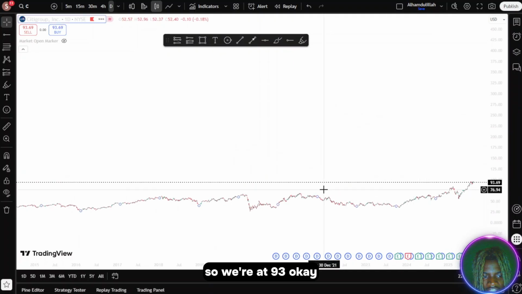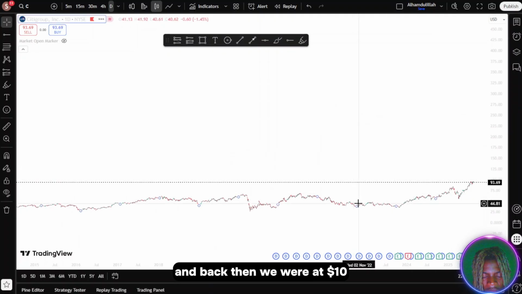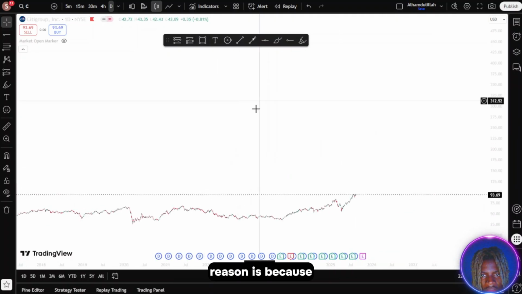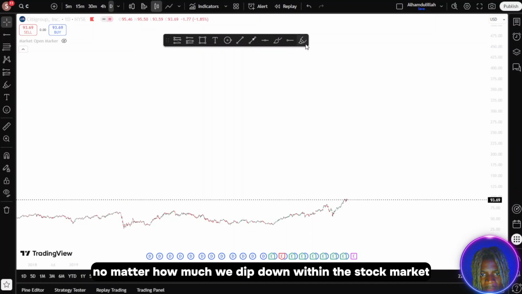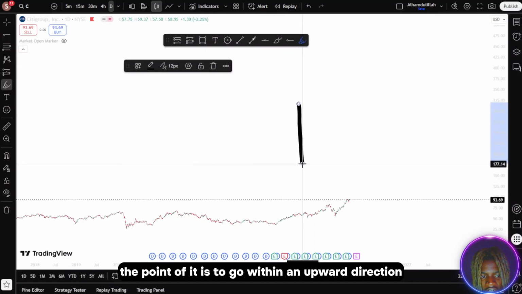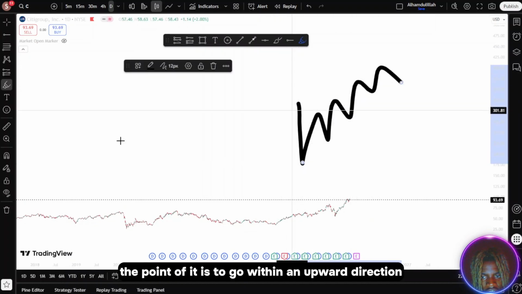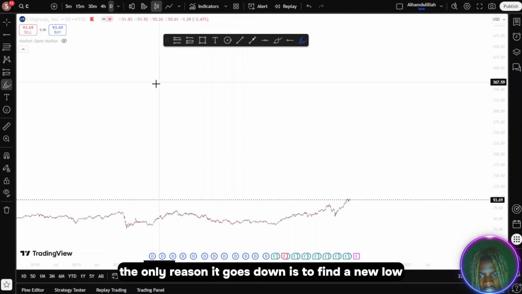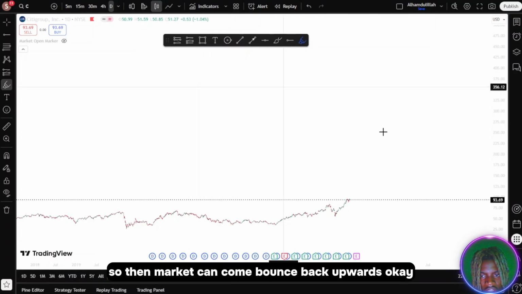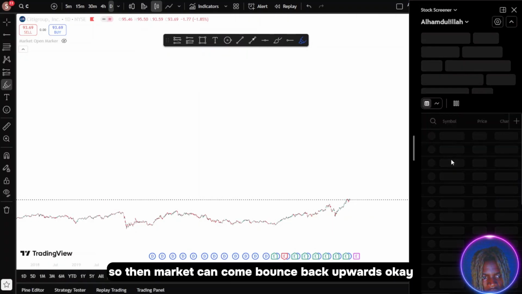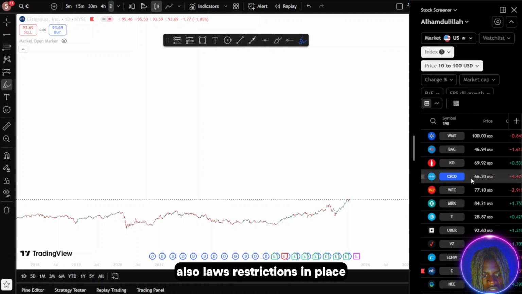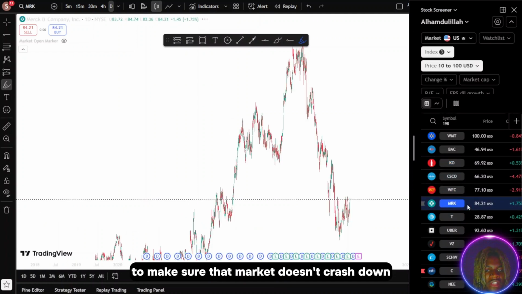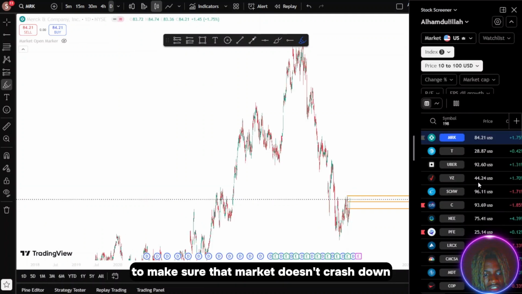We're at 93 now, and back then we were at $10. The reason is that no matter how much we dip within the stock market, the point of it is to go in an upward direction. The only reason it goes down is to find a new low so the market can bounce back upwards. There are also laws and restrictions in place to make sure it doesn't crash down.